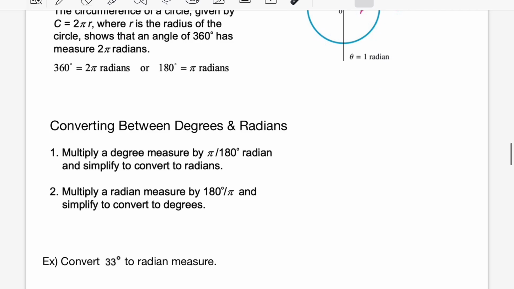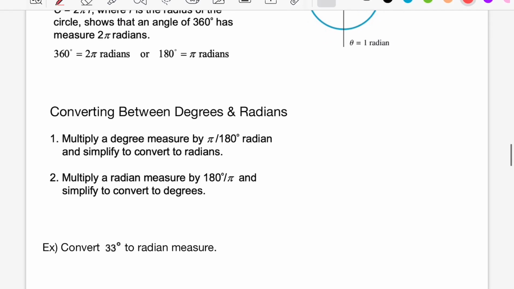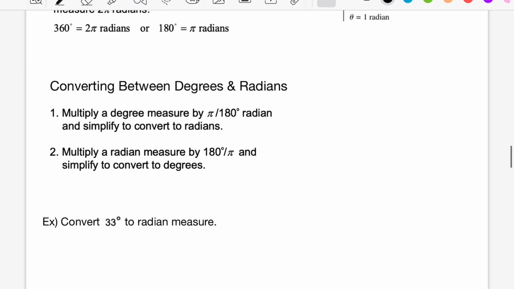So, for example here, if you wanted to convert 33 degrees to radians, so 33 degrees, what we'll have to do is multiply this by pi over 180. And we can think of this as our units canceling out. We have degrees on the top and bottom, so these cancel, and we're left in units of radians, because this will be 33 pi over 180.